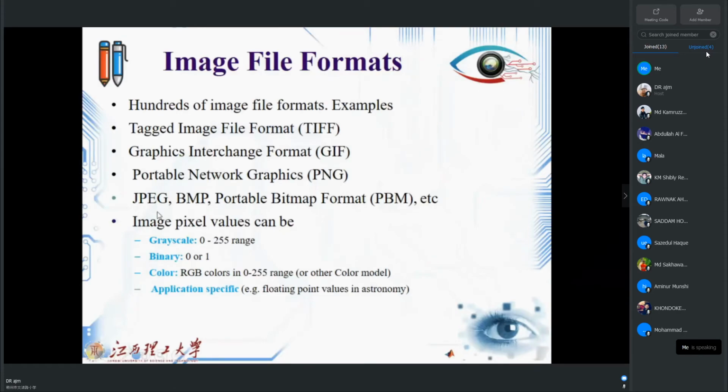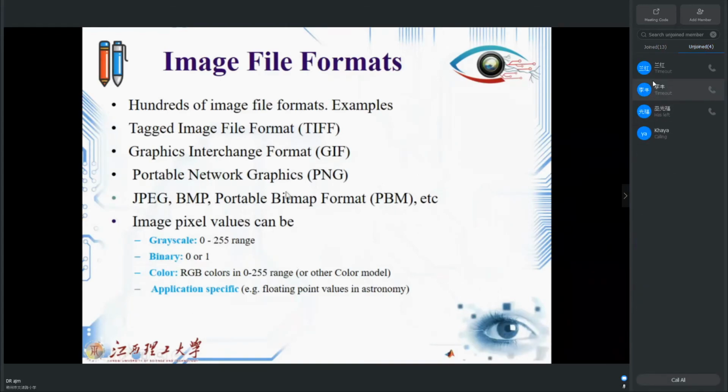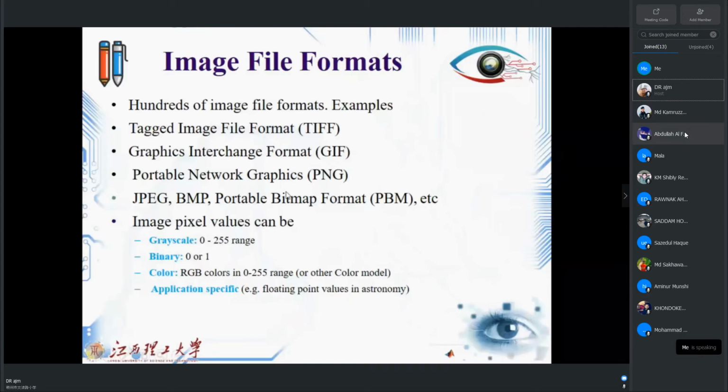Image pixel values can be between 0 to 255, but in binary it should be 0 to 1, and in RGB it can be 0 to 255 with some other color models. It can be variable. Please have this in your mind. We will work more when we see them in MATLAB. I don't expect that you memorize them.